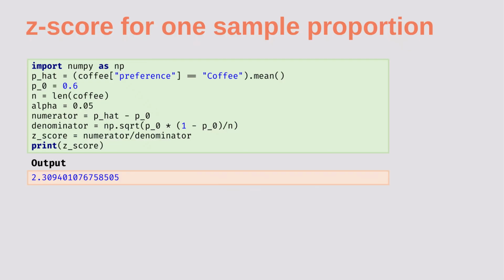The sample size is 5,000. We set the alpha or significance to 0.05. With these values, we compute the z-score. This measures how far our sample proportion is from the hypothesized proportion in terms of standard error. The z-score is computed as 2.3. Is this score significant? Let's calculate the p-value to find out.